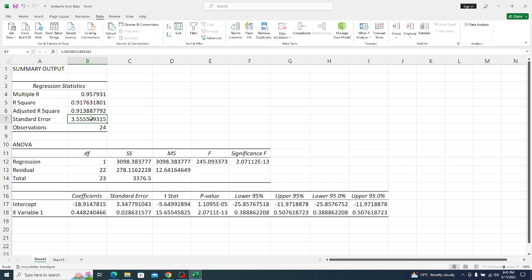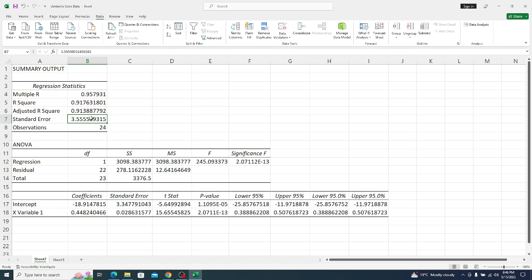Under standard error we usually have many types of errors, or subcategories of standard error.